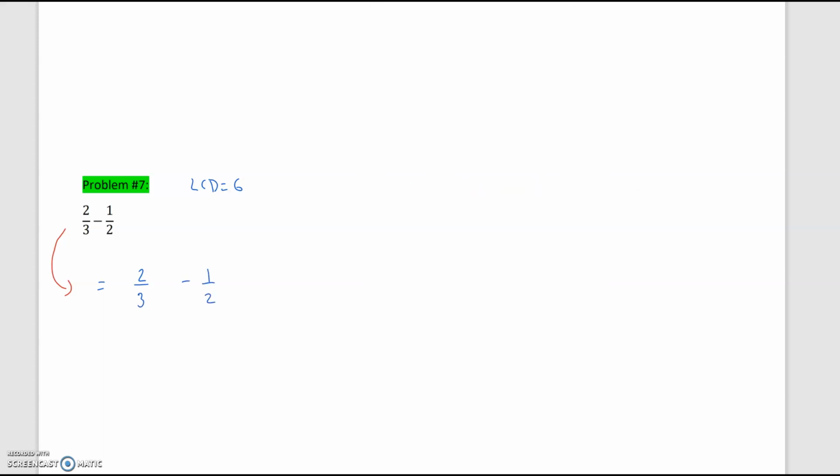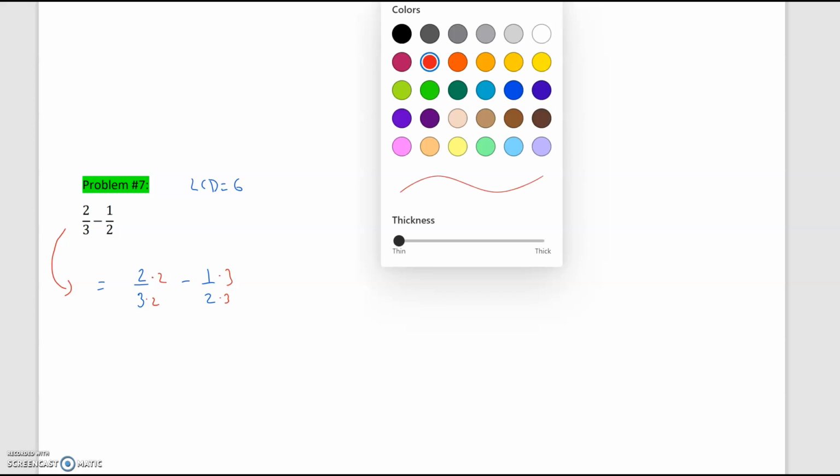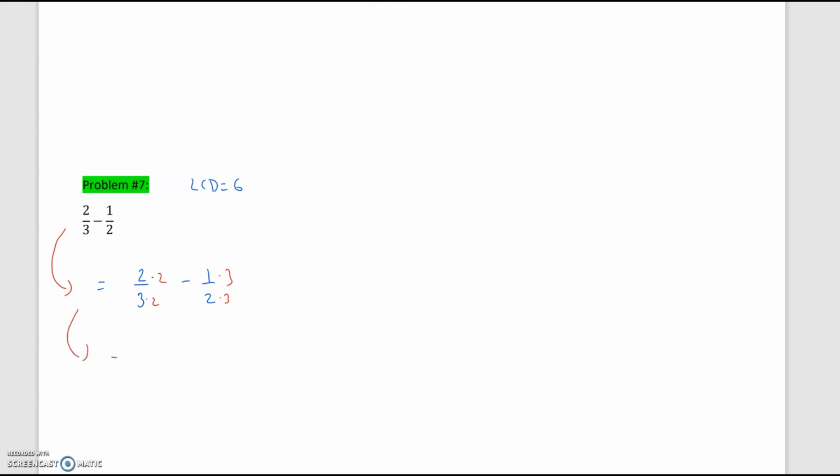And then we're going to multiply times 2 top and bottom and times 3 top and bottom. So we're looking at 4/6 minus 3/6, or technically just 1/6. And that's actually it for 7.